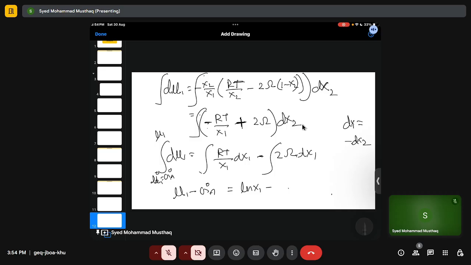I hope I didn't make any mistake here. Oh, my bad. So there is also this x1, right? This x1 will get cancelled. 1 minus x2 here, it will become x1. This guy will cancel. I will have x2 here. That's the thing. See, just one mistake and everything will get jumbled up. So yeah, you need to be precise when you are writing something. So let me erase this part. 2 mu.